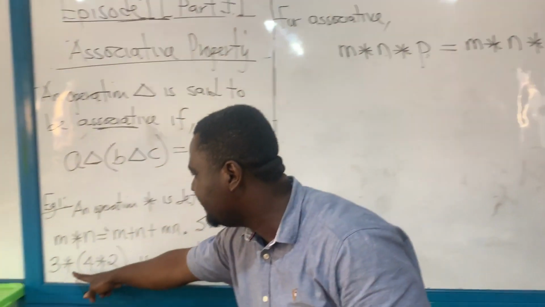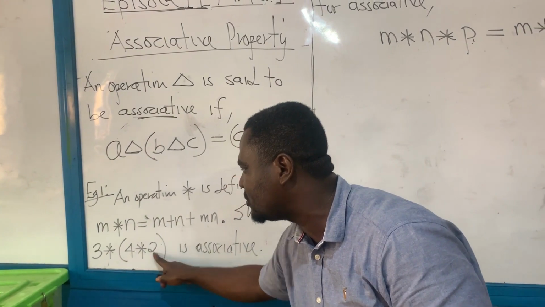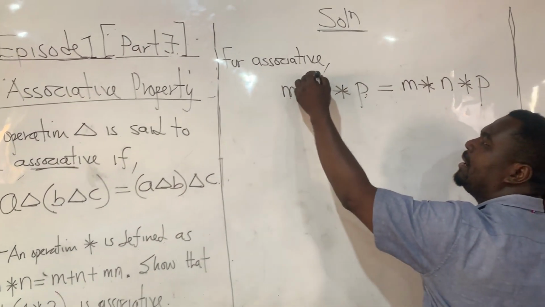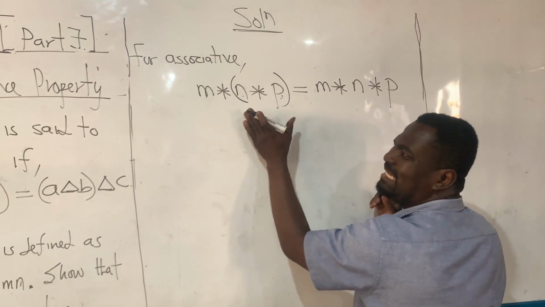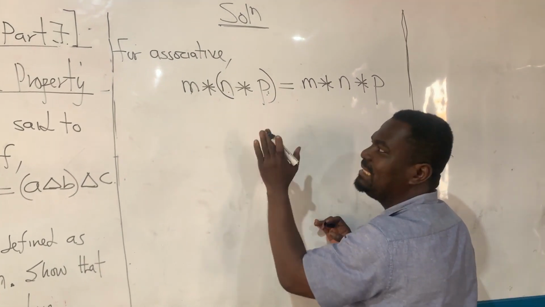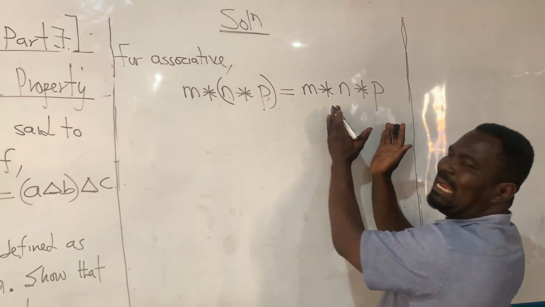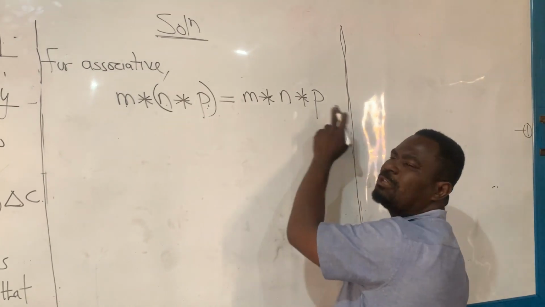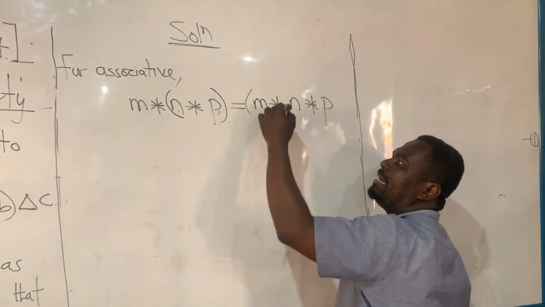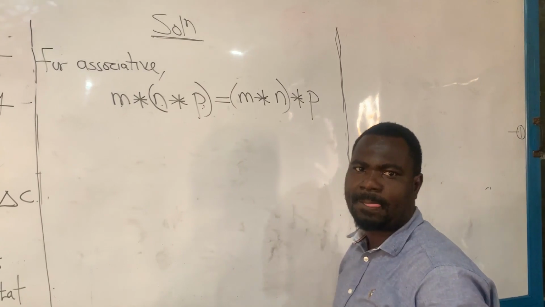So when you look at the given question, my bracket was to the last two. So when I come here, I will introduce bracket to the last two. What it means here is that when I come to my right hand side of the equation, I'm going to introduce the bracket not to my last two again, but rather my first two.